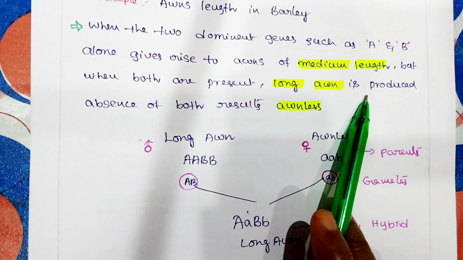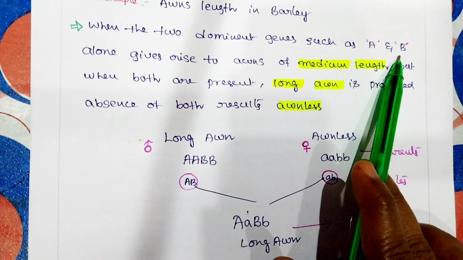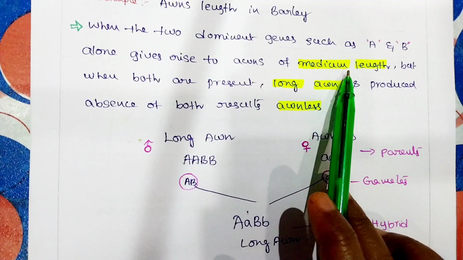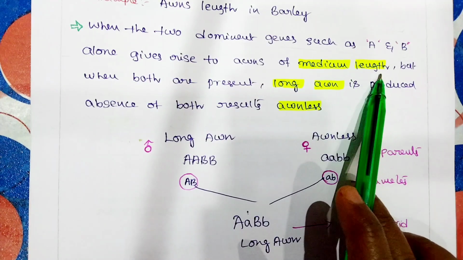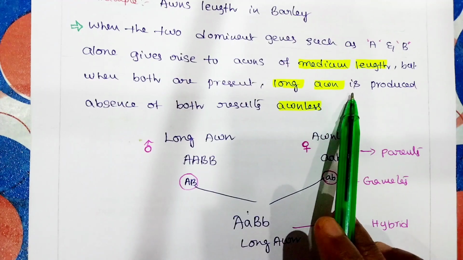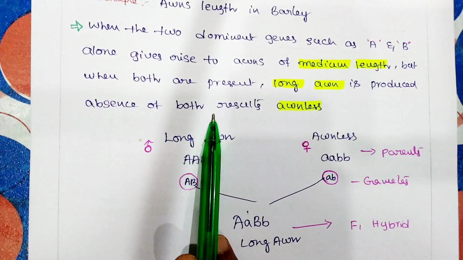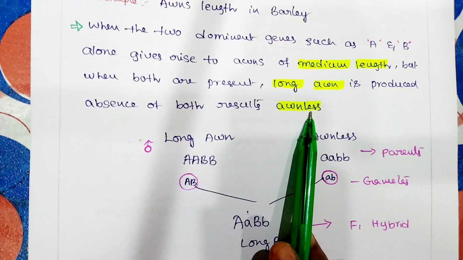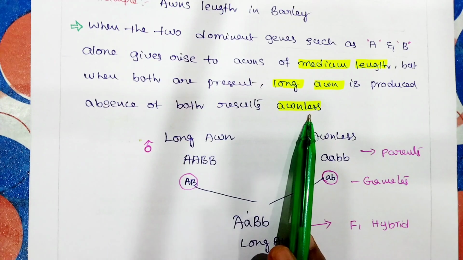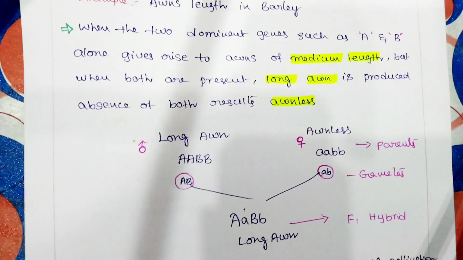Because of the cumulative effect of A and B that enhances the phenotypic expression. Absence of both results in awnless. When both the genes are absent, the seeds are produced awnless, so the head does not have awns.